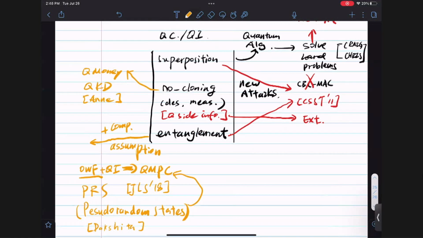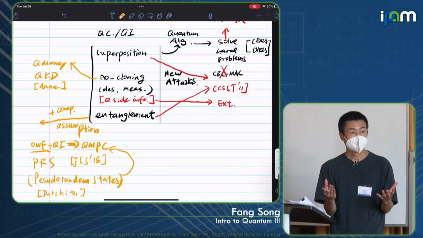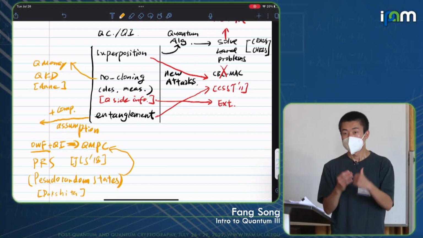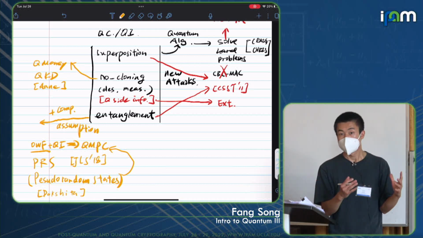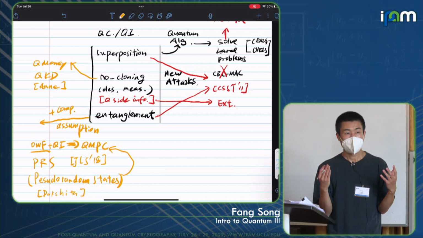Okay, and let me just mention one final thing. So usually when we think about quantum algorithms in the context of cryptography, we think of those as something an attacker would take advantage of. But can quantum algorithms help us as designers of some sort?